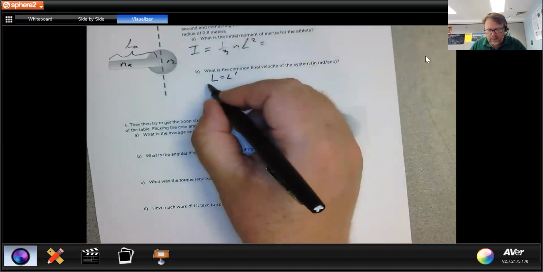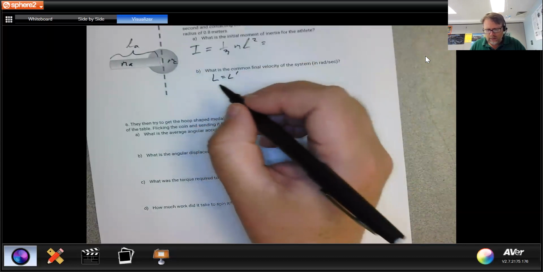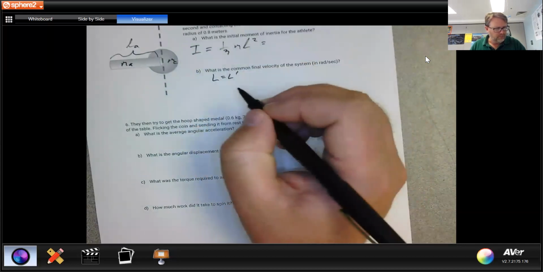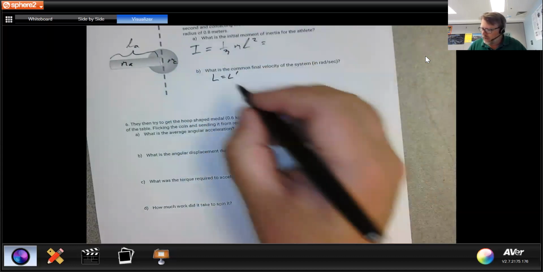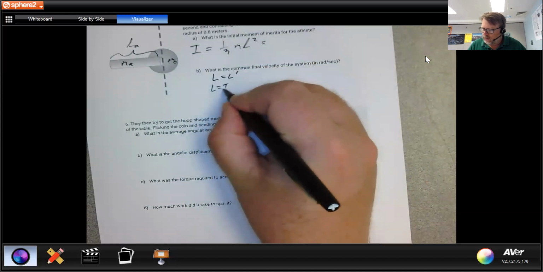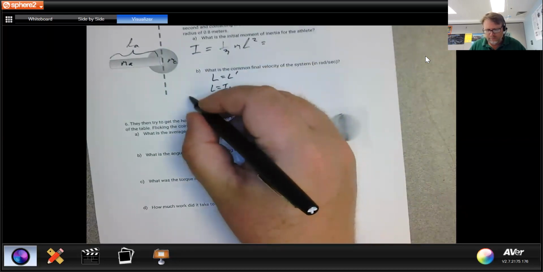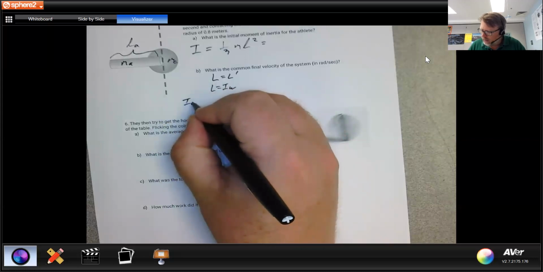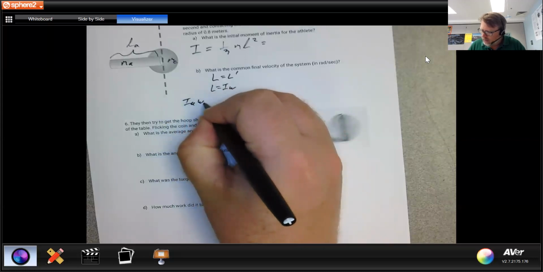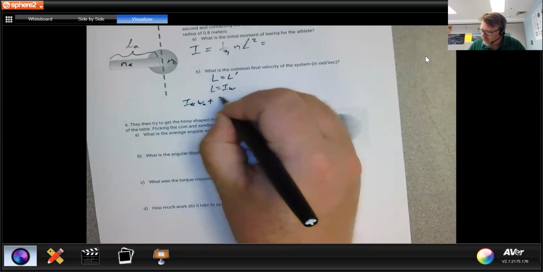So now we can use, just lost my thought here for a second. We've already done this one. L equals I omega. So we can do I1, or I athlete, plus.